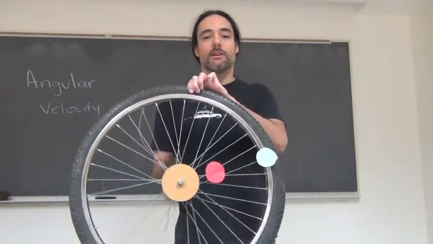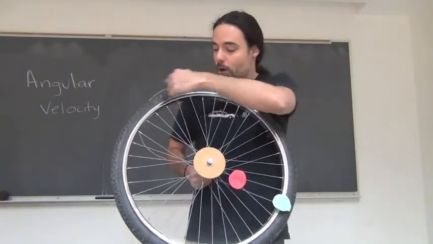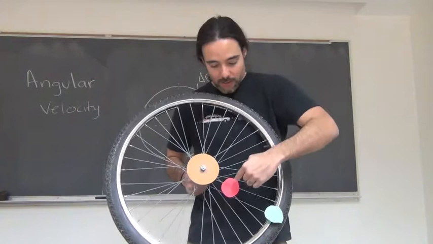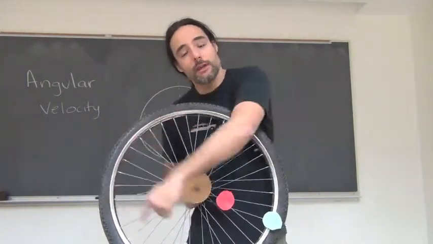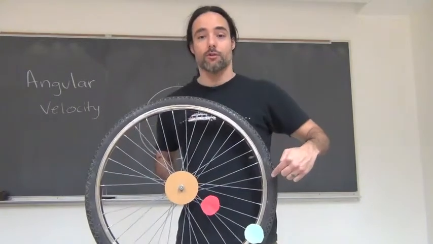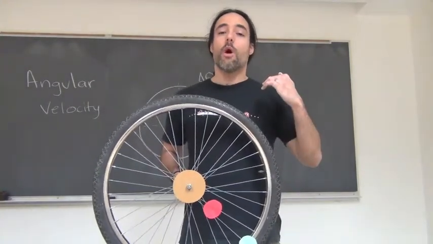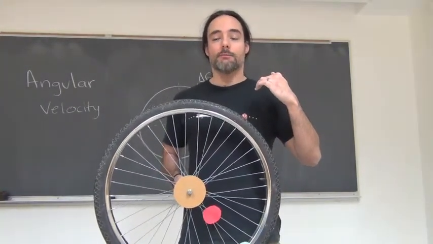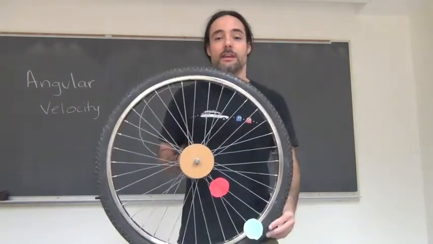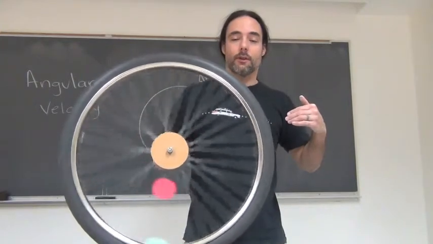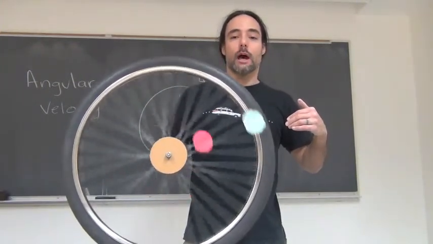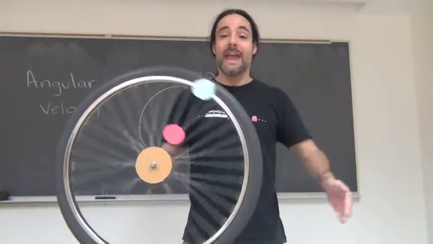The reason is that the green dot has to go around a greater distance than the red dot does. The red dot is making a tiny circle in the same time that the green dot is going around a big full circle. So we want to describe two things. We want to be able to relate the velocity or the speed of the dots to how fast their angle is changing.